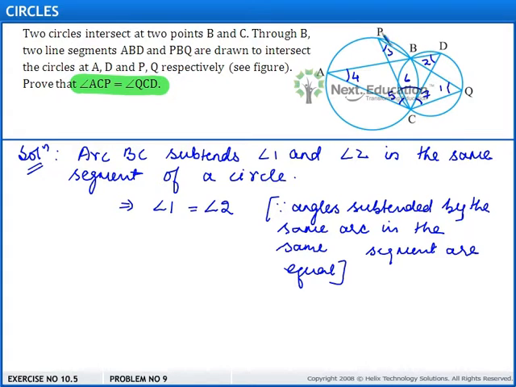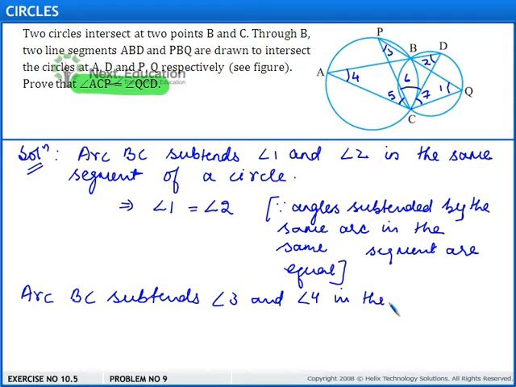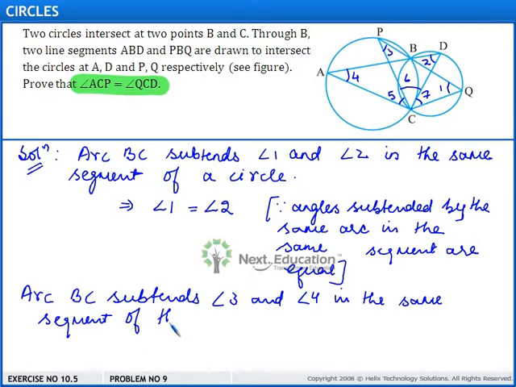Also for the bigger circle, notice that arc BC subtends angle 3 and angle 4. This implies that angle 3 is equal to angle 4, since arc BC subtends angle 3 and angle 4 in the same segment of the bigger circle.